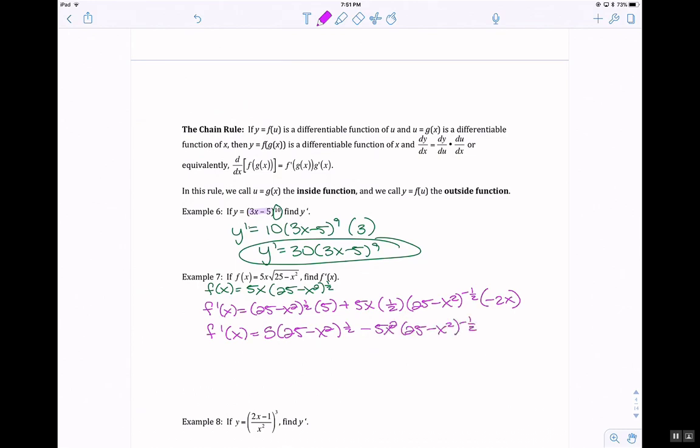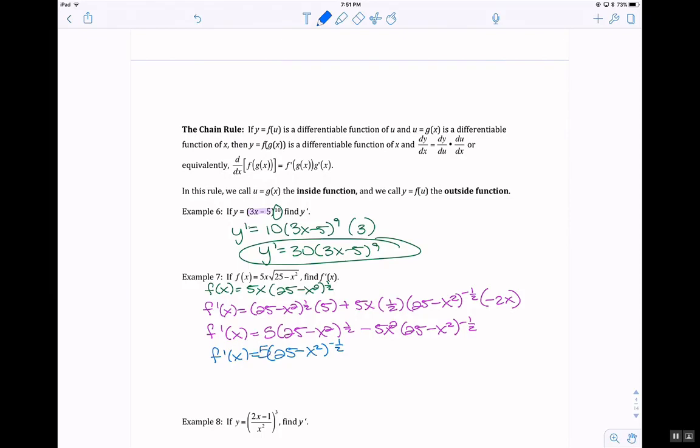And remember, this is like our factoring like we did in our summer work. F prime of x, pull out my negative exponent, so 25 minus x squared to the negative 1/2. I could also pull out a 5 if I wanted to.